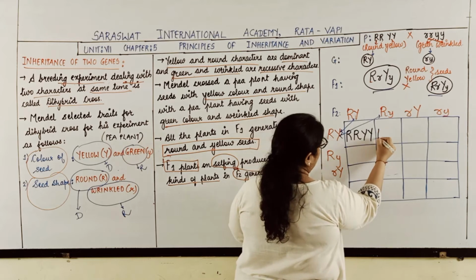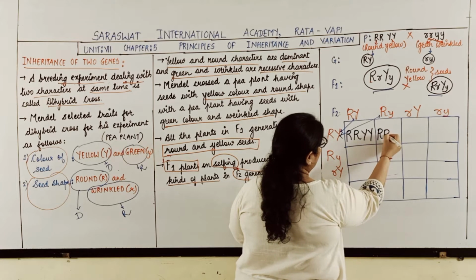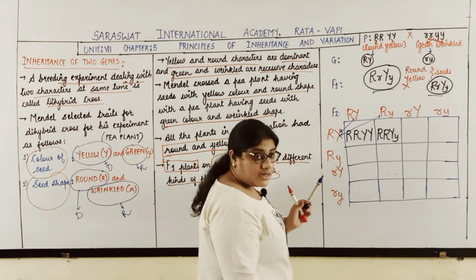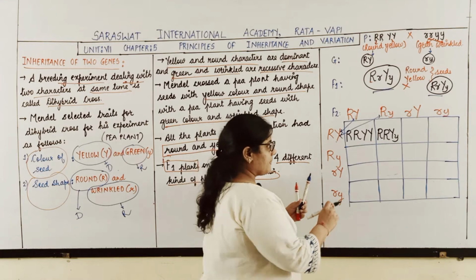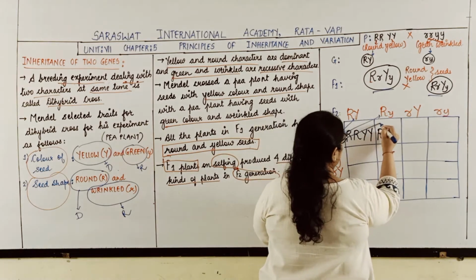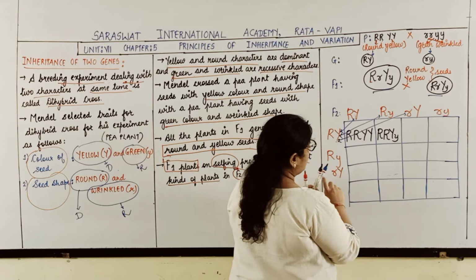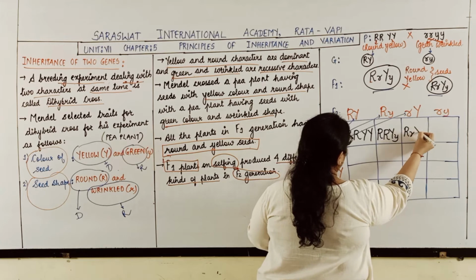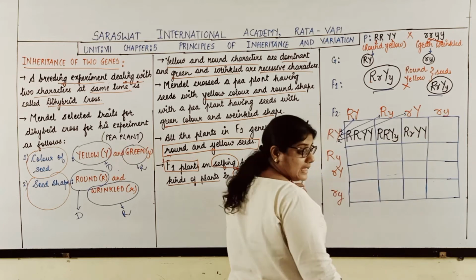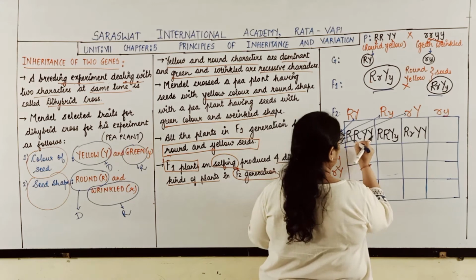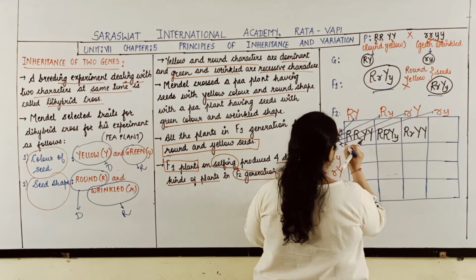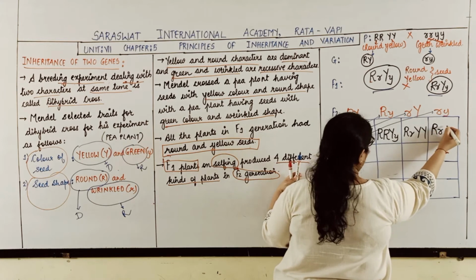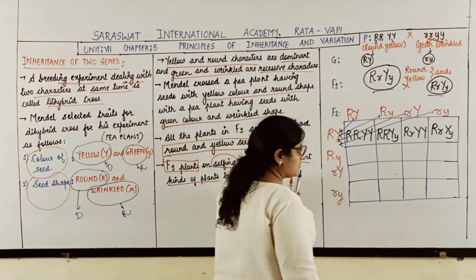Same way, now we will cross this with this. So again what do we obtain? Capital R, capital R, capital Y and small y. Now crossing this with this, capital R, small r, capital Y, capital Y. Lastly, this with this: capital R, small r, capital Y, small y.